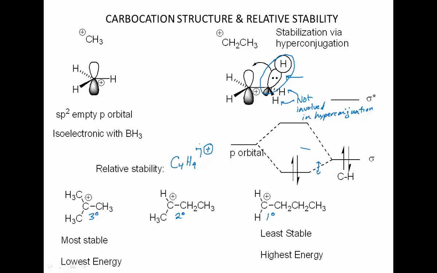Only the CH bond that's completely parallel to the p orbital can participate in hyperconjugation. So only this one, because it's parallel to the p orbital.